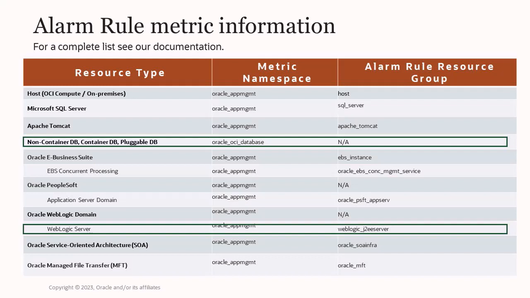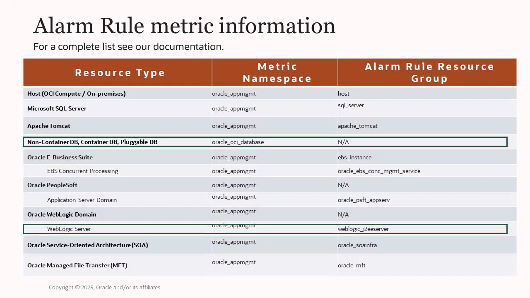If you want to do JVM heap utilization, then you're going to go grab that app management and then the WebLogic J2E server, and then you're going to go grab heap utilization. Memory use, we'll go over that one in the next slide.